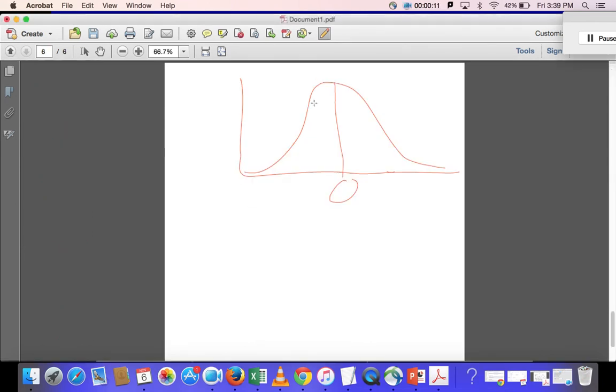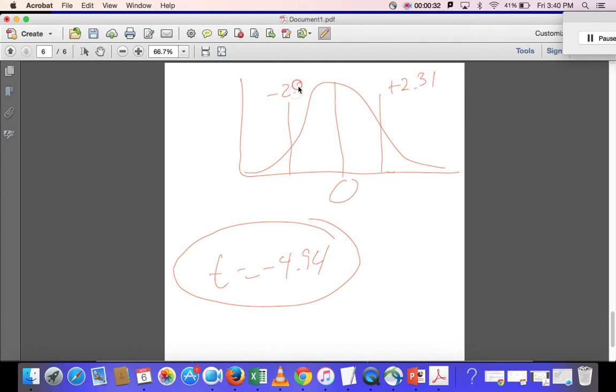And we also know what our statistic is that we had calculated from our example, which was a t of negative 4.94 that we had calculated from our data comparing smokers versus non-smokers. We'll now here create our regions of rejection, so at a positive 2.31 and also at a negative 2.31.